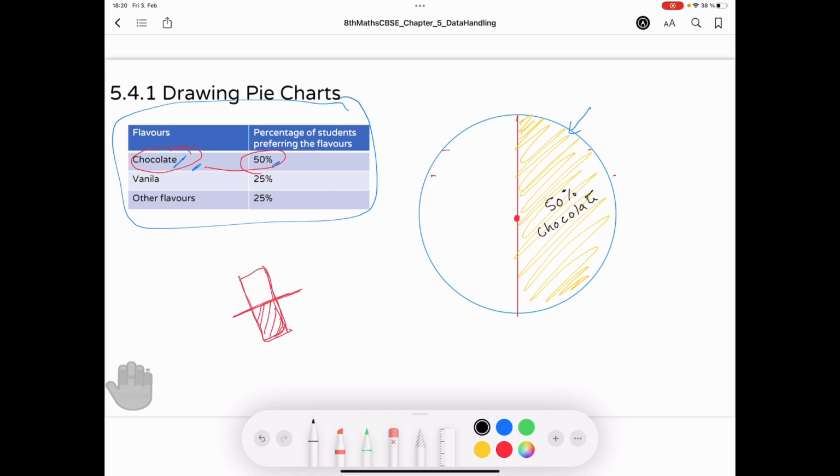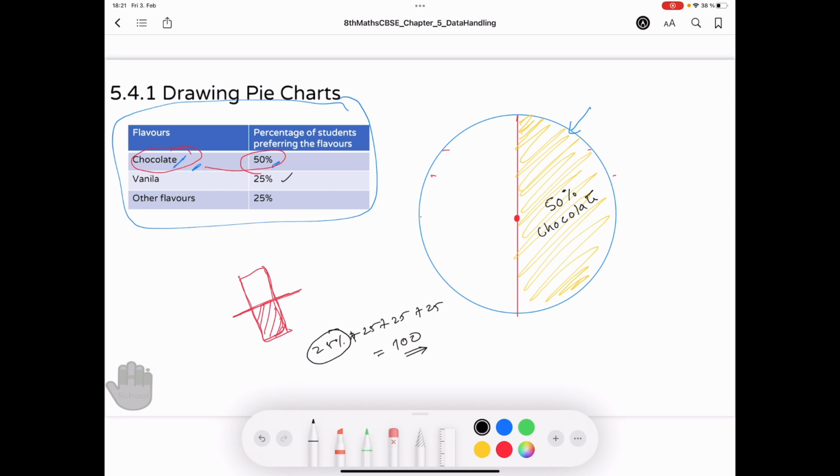Now we have 25% for vanilla. 25% is 1/4 of 100%. 25 plus 25 plus 25 plus 25 is 100. So 25 is 1/4 of 100. So what is 1/4 of a circle?